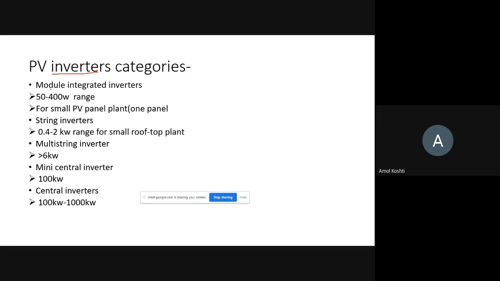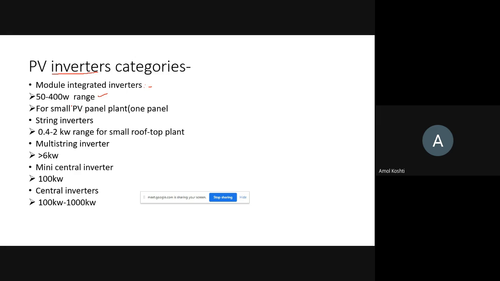So the first PV inverter is named the module integrated inverter. This inverter is used in the range of loads from 50 to 400 watt, which is a very small load. We know a single panel can also generate this much wattage.